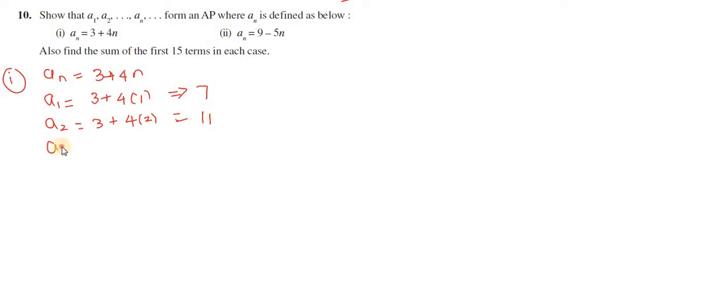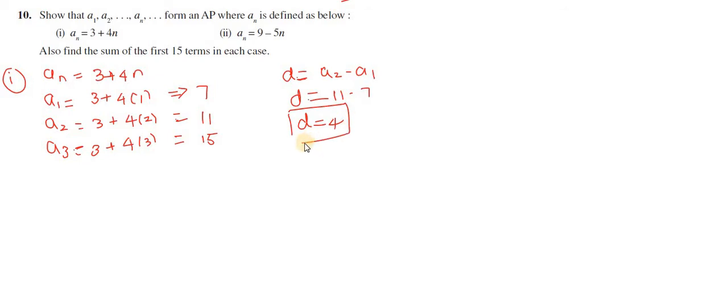Then a3 is equals to 3 plus 4 into 3. 4 3s are 12, 12 plus 3 is 15. So what is the common difference? We know that common difference is a2 minus a1. So a2 is 11 minus 7. Therefore D is equals to 4. D is equals to 4 we got.